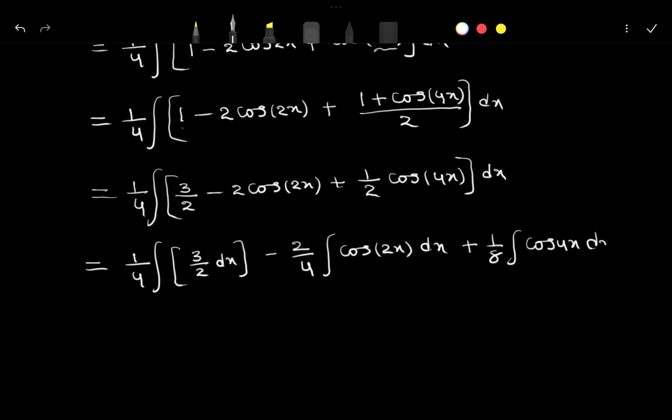The first term gives 3 by 8 into x, minus 2 by 4, which means 1 by 2, into sin 2x whole divided by 2, plus 1 by 8 into sin 4x whole divided by 4, plus c.